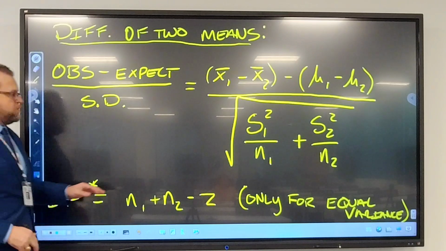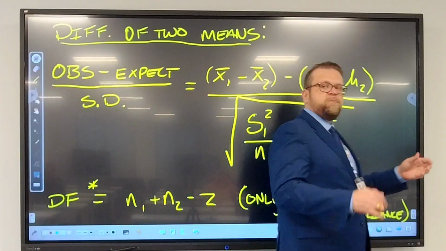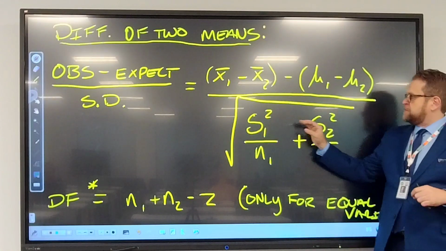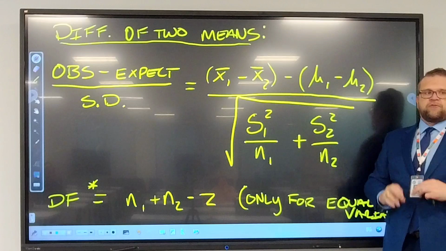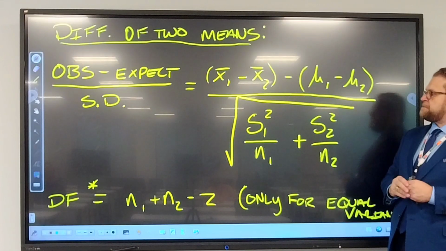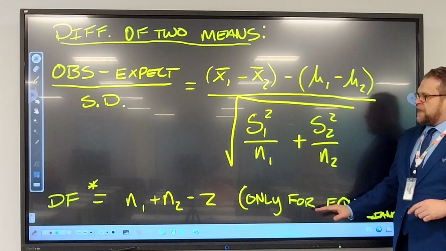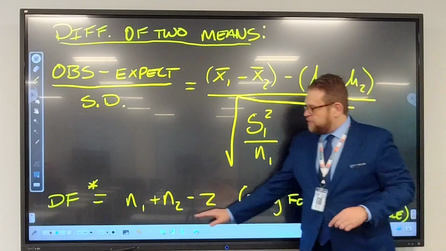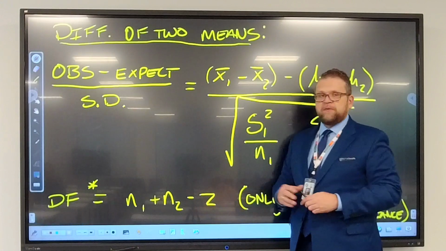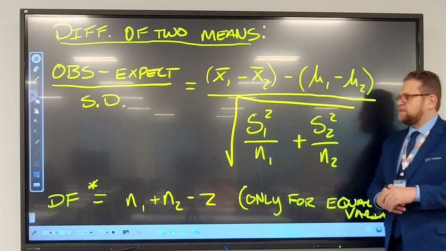That would require you to have S1 and S2 be pretty close to the same number, or at least knowledge that they're reasonably close to each other. Then you could use this. But in most cases, this degrees of freedom is inadequate. It is not, you would say it's not robust.